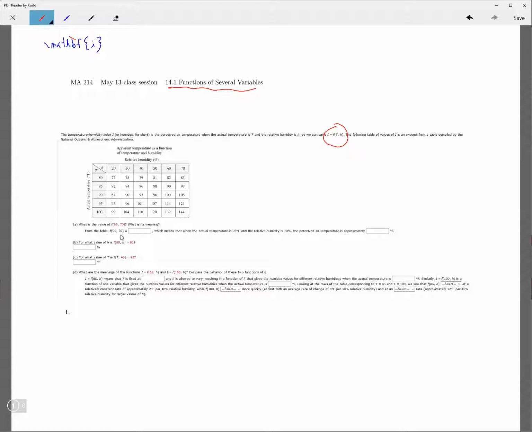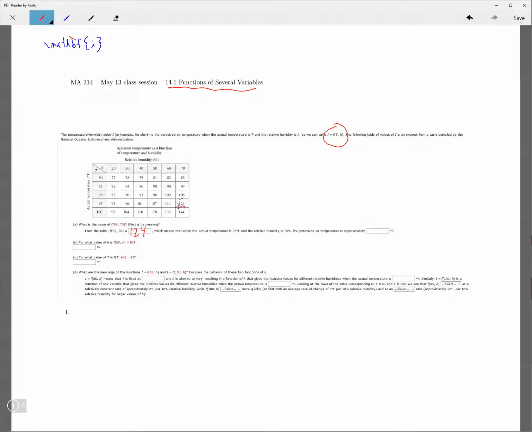Does anybody want to take a crack at that? What's f(95, 70)? We're looking for a number here. Is it 124? Yes, it's 124.